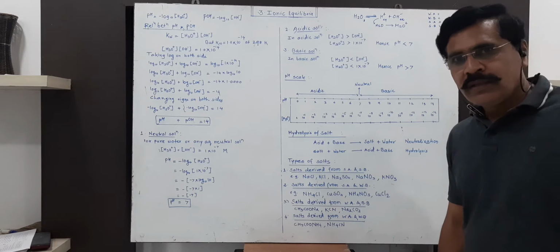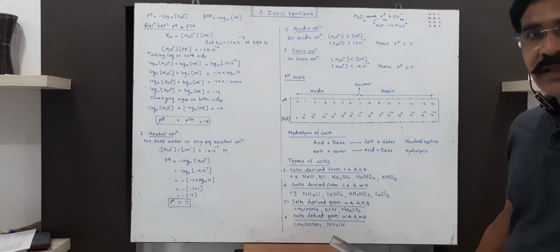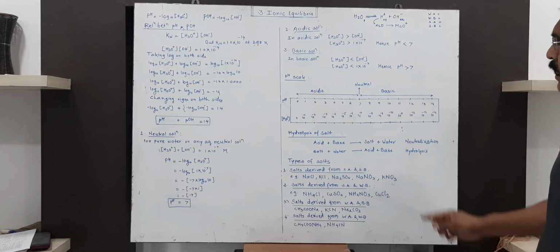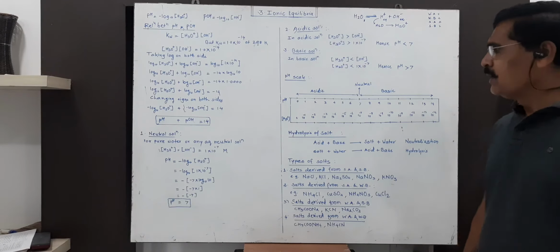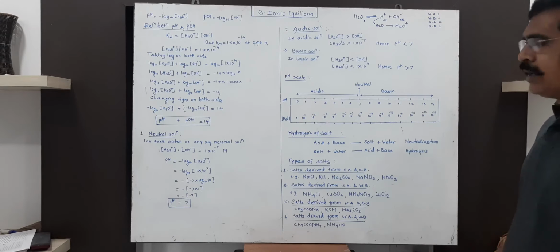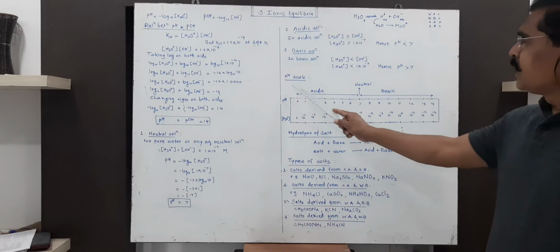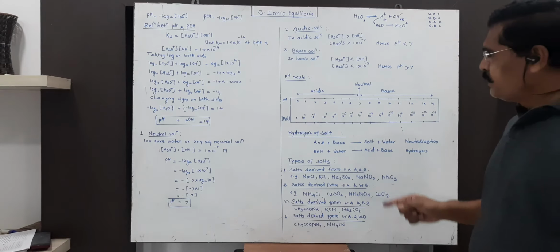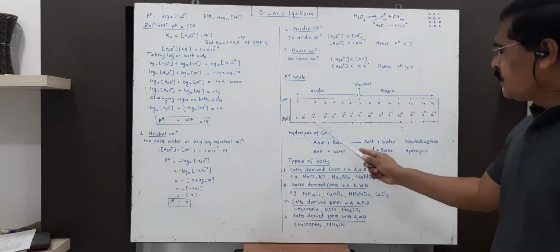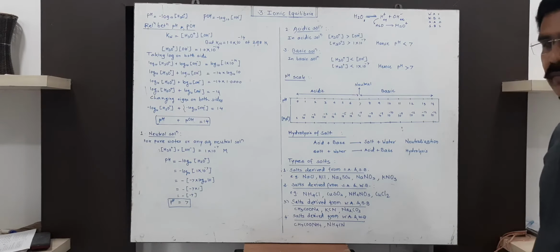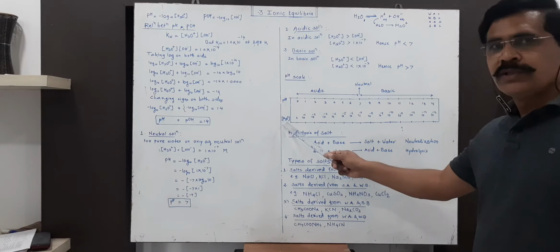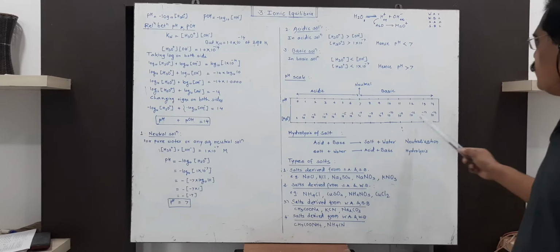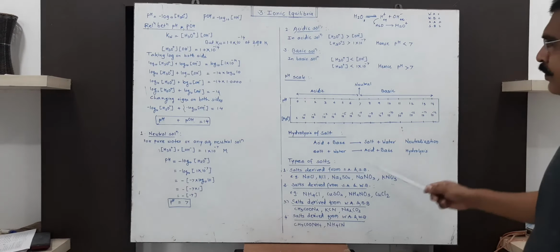To determine the nature of a solution, whether it is acidic, basic or neutral, the scientist Sorensen has given a scale called the pH scale. Observe this pH scale. Here two sets of values are given. The values below are the concentration of H3O+, that is 10^-1 up to 10^-14.